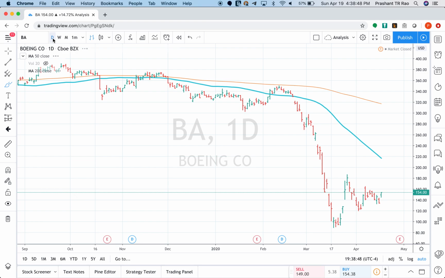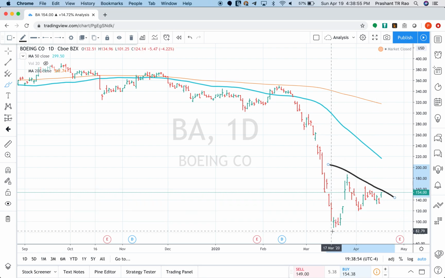And now let's go back to our daily chart. In this chart, we're looking at Boeing on a daily level, and you can see it's forming this pattern where it's consolidating and trying to find the right level. Typically, a pattern like this is a continuation pattern.